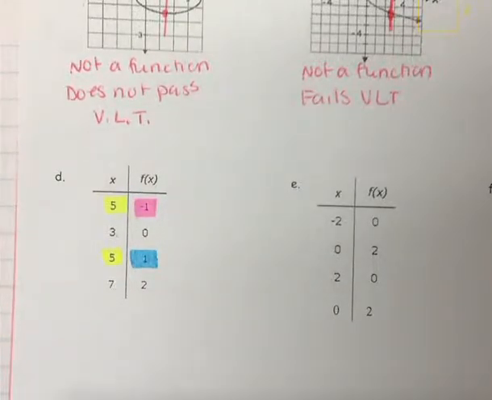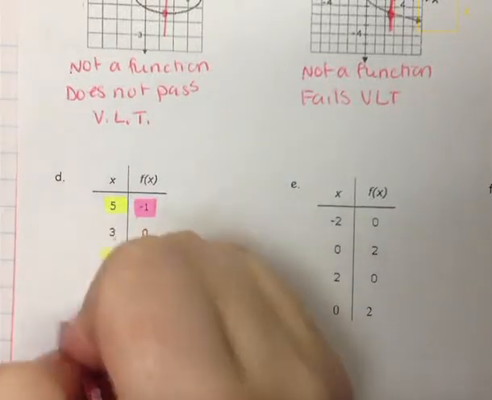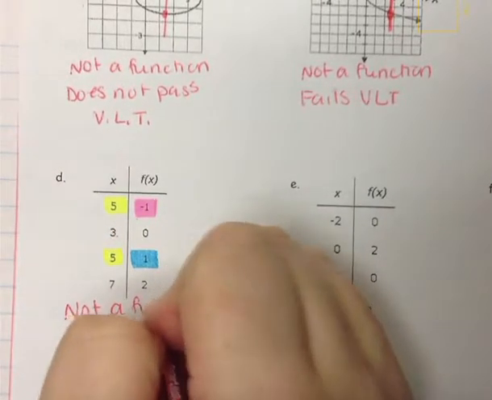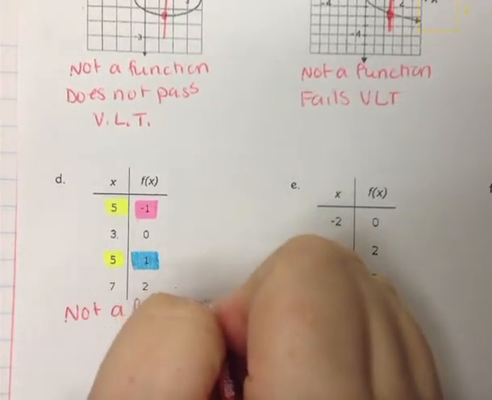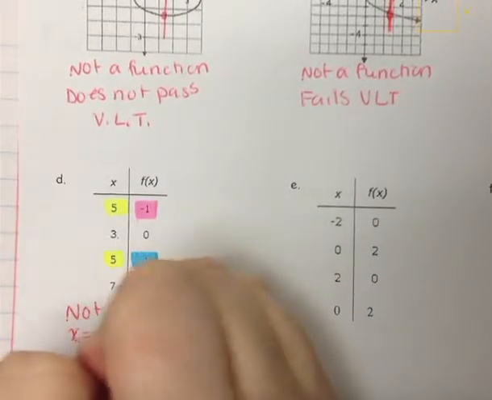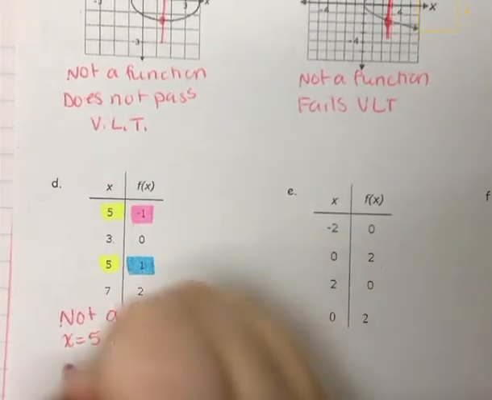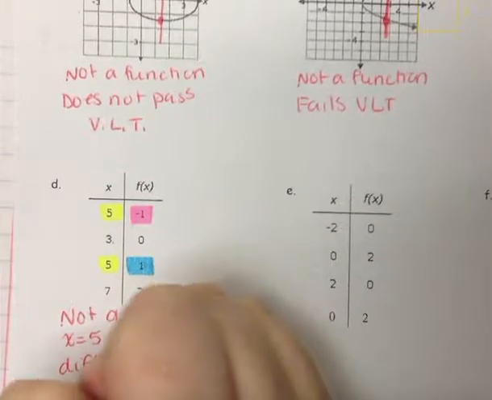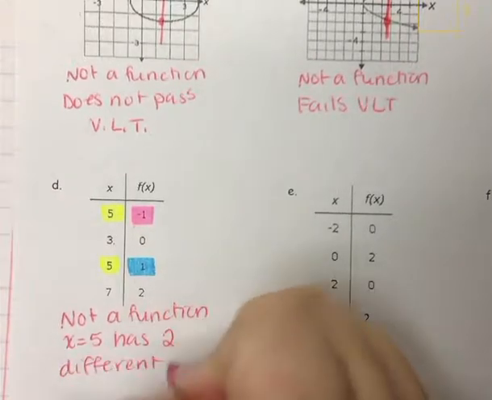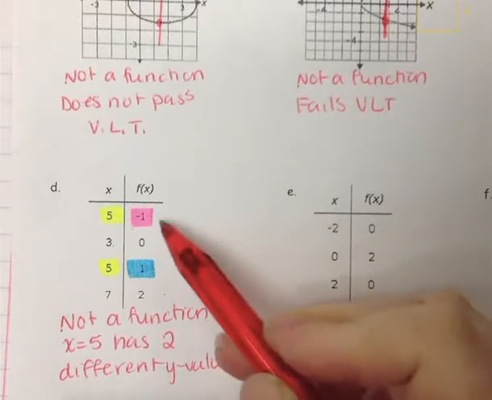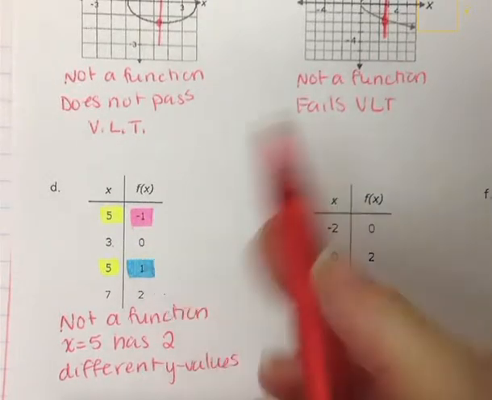That means that this, again, is not a function. Not a function. The reason behind this is that x equals 5 has two different y values. It has a y value of -1 and a y value of +1.